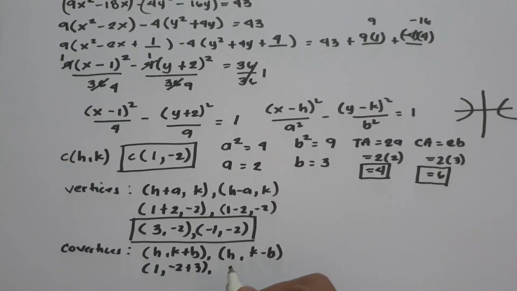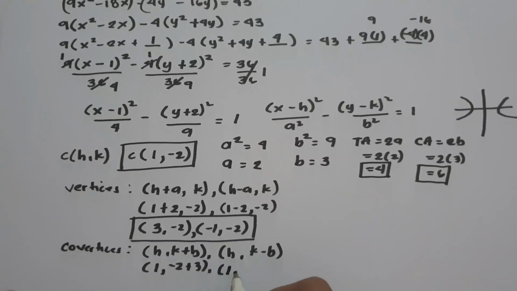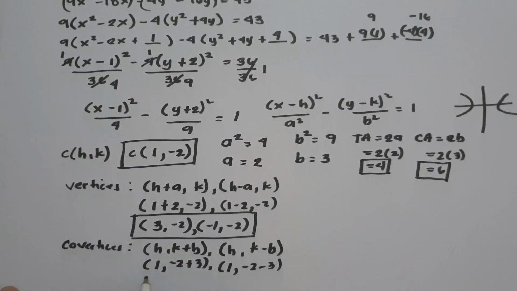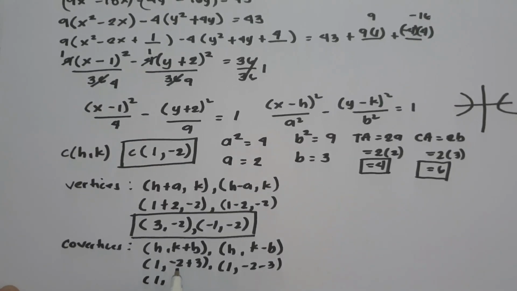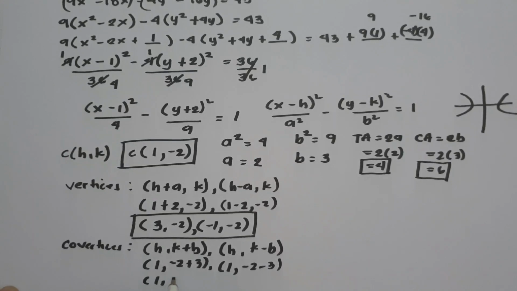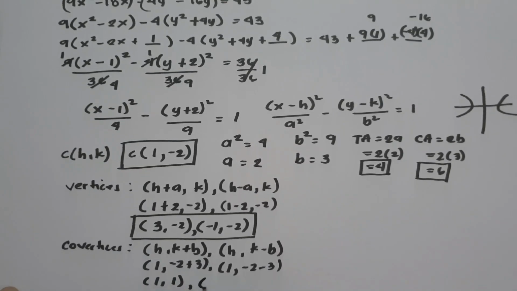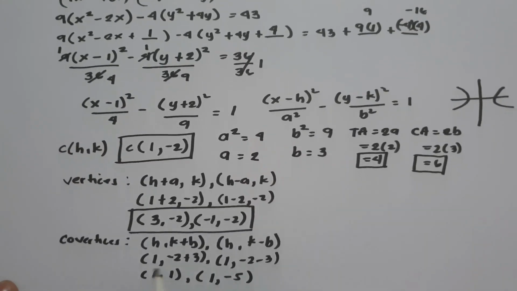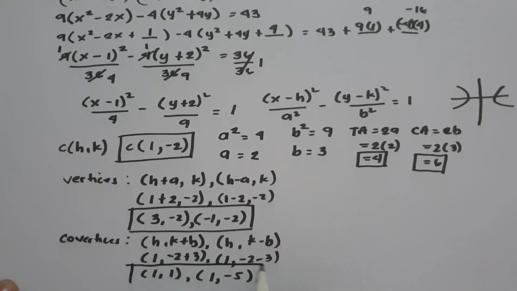And then we have 1 and negative 2 minus 3. So let us have 1, negative 2 plus 3, that is 1. And then 1, negative 2 minus 3 is negative 5. So this will be the coordinates of our co-vertices.